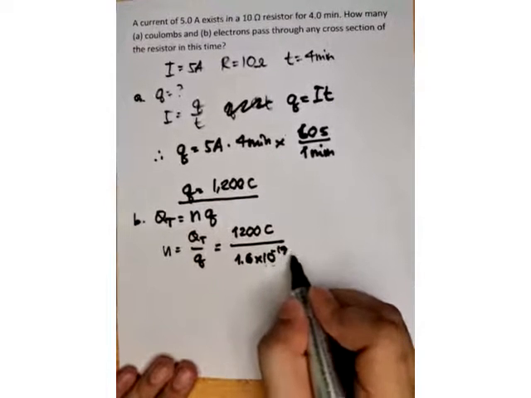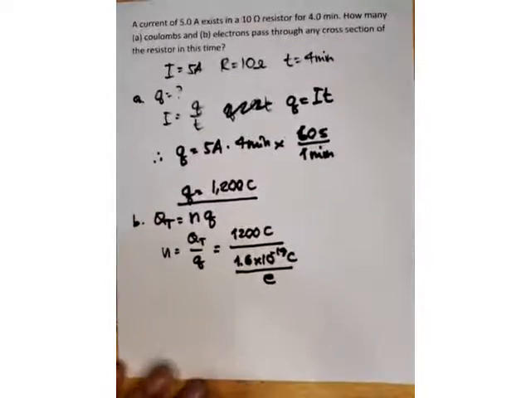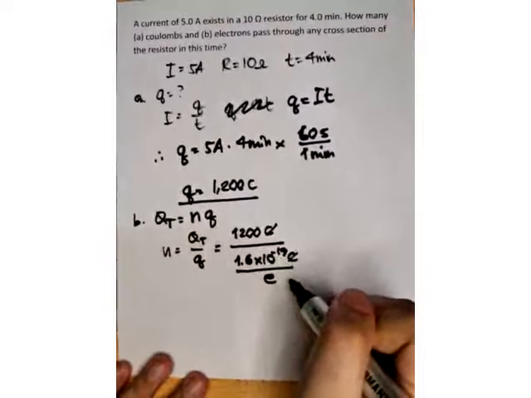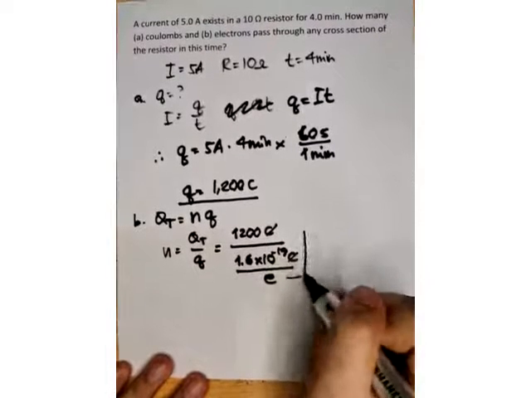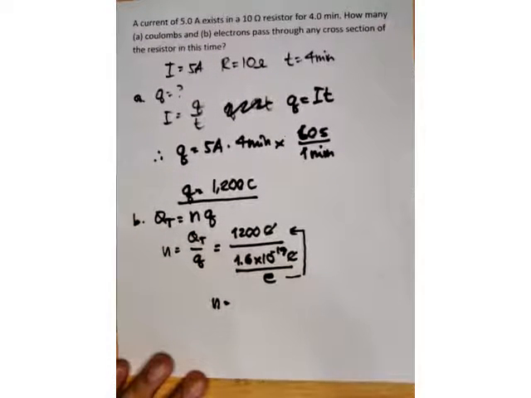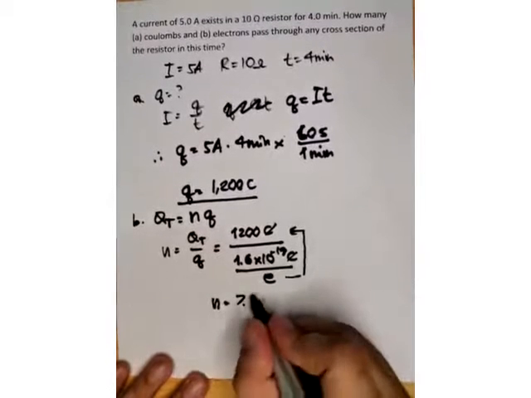Ayan. Coulomb per electron. So we can cancel yung coulomb, tapos itataas natin yung electron. So what's the number of charges? Okay, 7.5 times 10 raised to 21 electrons.